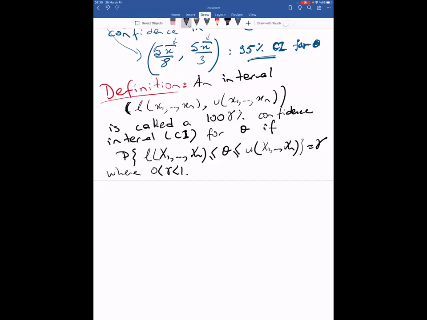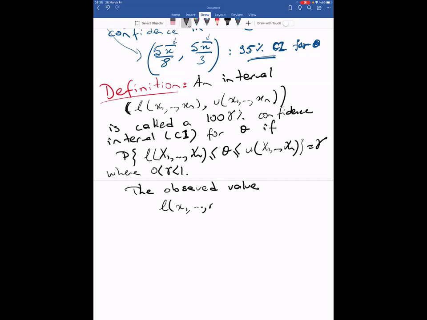Then we can also have just the lower limits or upper limits. Sometimes we don't want to look at the upper bound, or our focus will be the lower bound for the parameter, or the upper bound for the parameter. So we don't care about the other side, and we might just need to construct one-sided limits. Sometimes finding these is a bit tricky, deriving these, so I have to be careful.